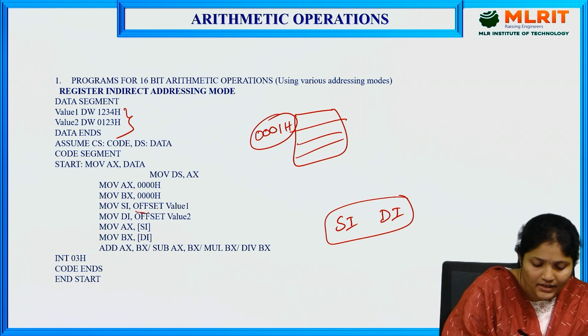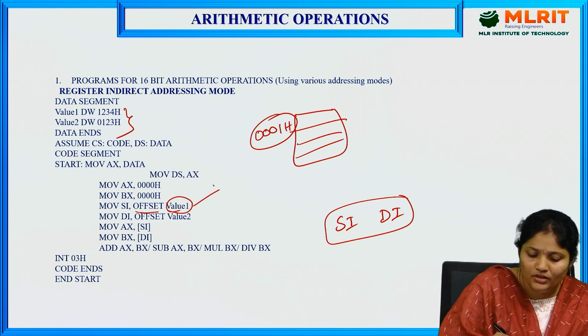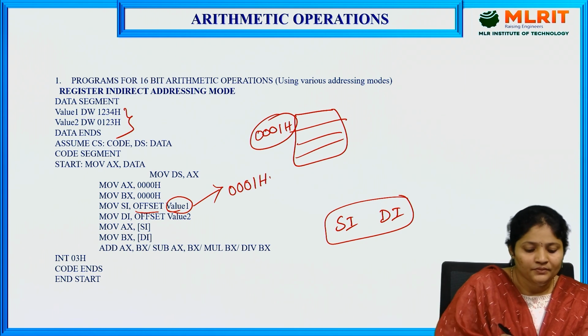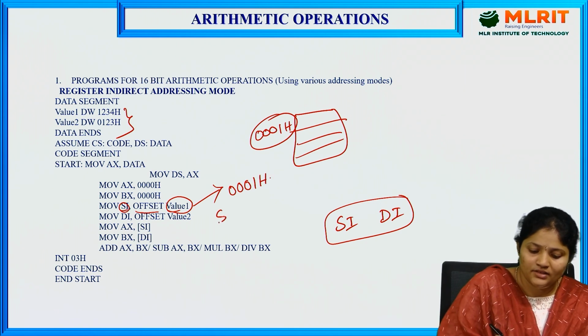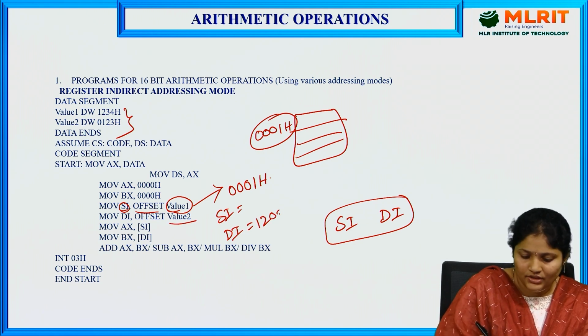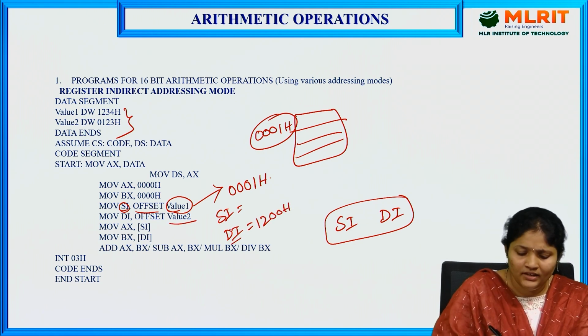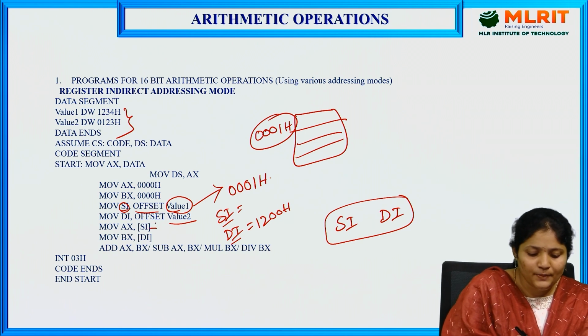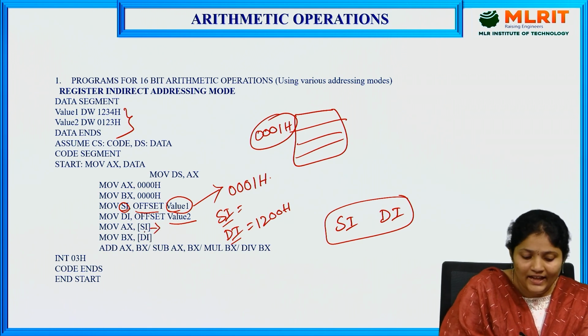So what is the offset of value 1 here? 0001H. That will be stored in the SI register. The offset of the second value, like 1200 for example, is stored in the DI register. Now in this instruction, I am mentioning it indirectly; the brackets represent indirect.